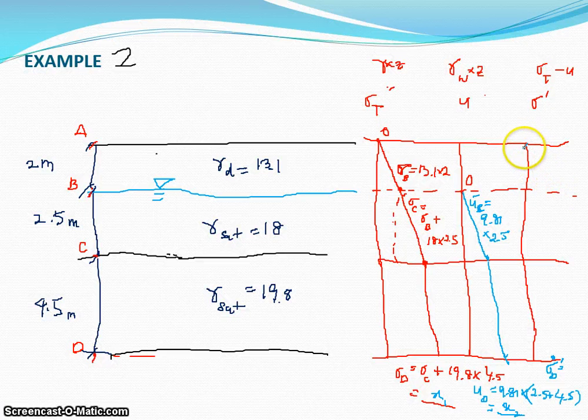This is 0; this is equal to the total stress at B; this is the total stress at C minus the pore pressure at C; and this is the total stress at D minus u at D. So you get the effective stress at D. That's one approach.